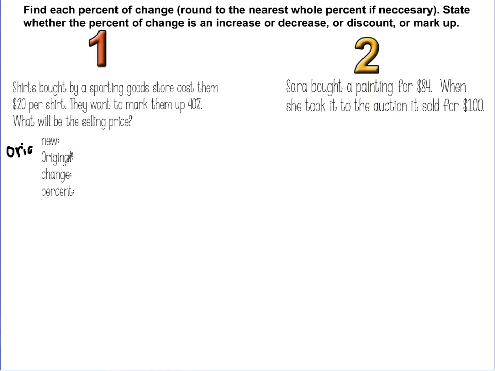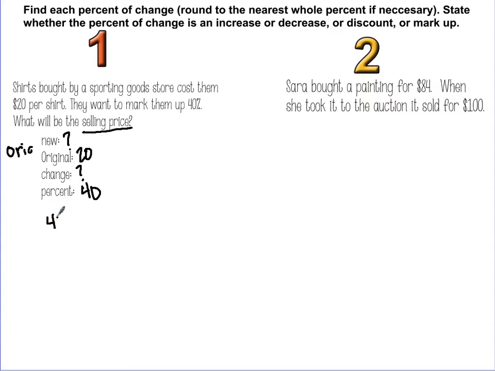All right, so in this case, we know that the percent is 40. We don't know the change. And we know that the original is 20. And we want to know what's the selling price. So we also don't know the new, the selling price. So here's where things change a little bit.